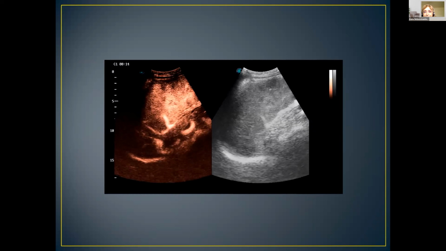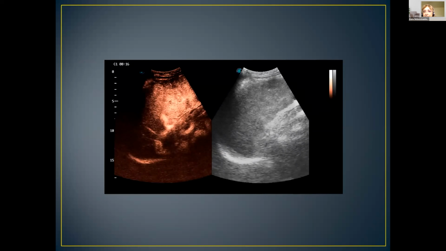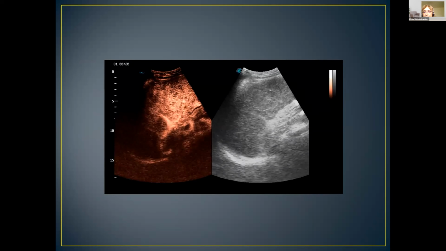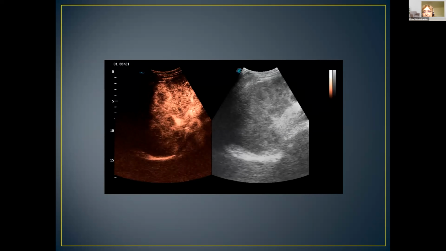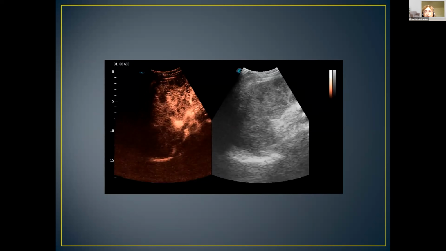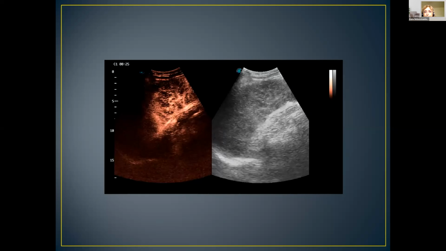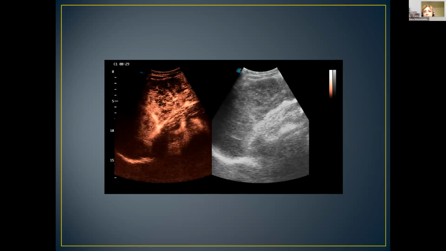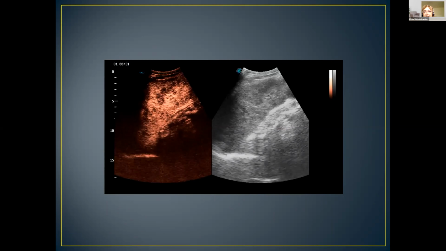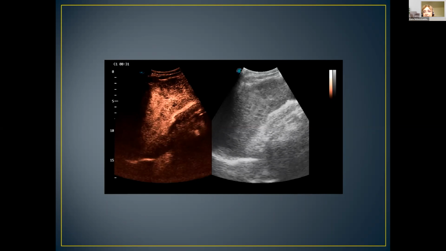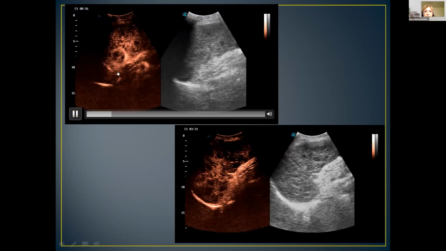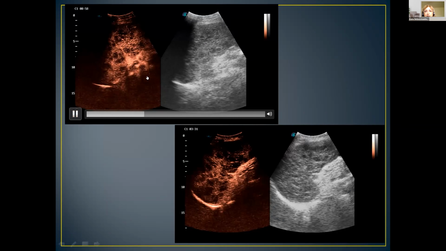The arterial inhomogeneous enhancement is non-specific, especially in this case, but as you can see, very fast. There are multiple washing-out small lesions in the entire spleen. Very fast. This is 1 minute after injection.